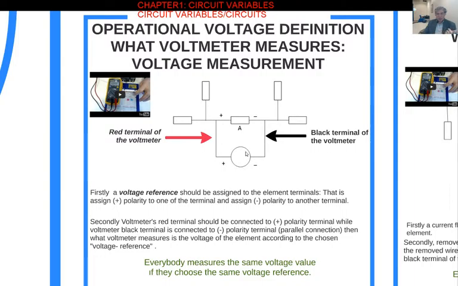Assume that if the first measurement is 5 volts, the second one is minus 5 volts. So the result is this: if different people measure this element voltage, some of them say minus 5 volts, the other plus 5 volts.